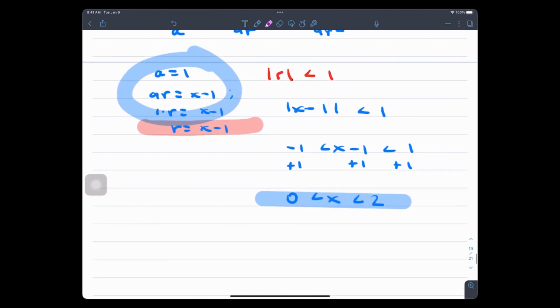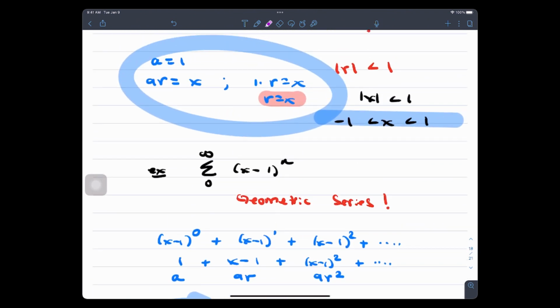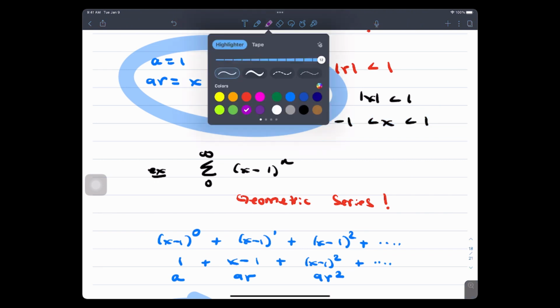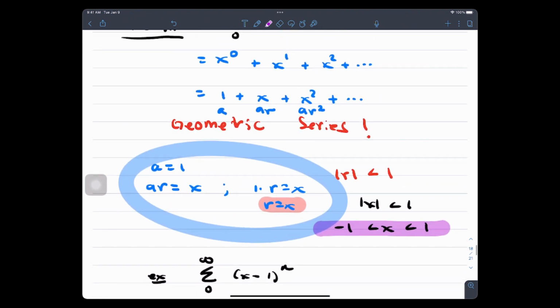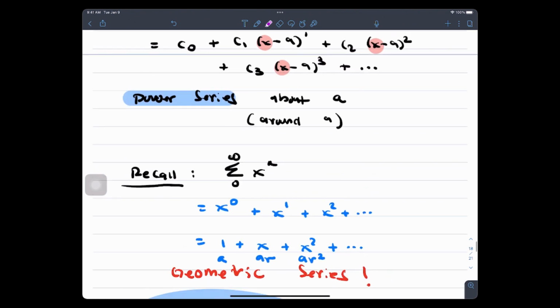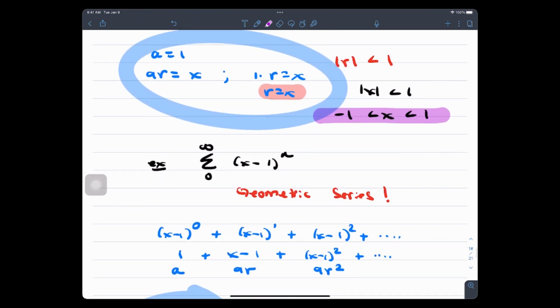You see this? This is the interval of convergence. You see this one we started with? This is the interval of convergence. Okay, so every power series will converge for one of these three situations.